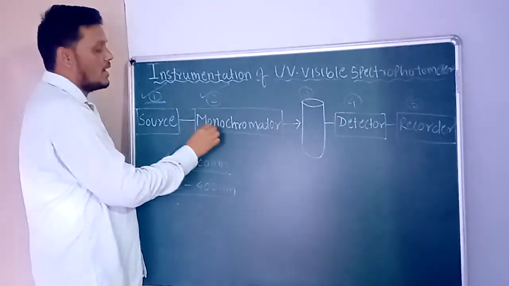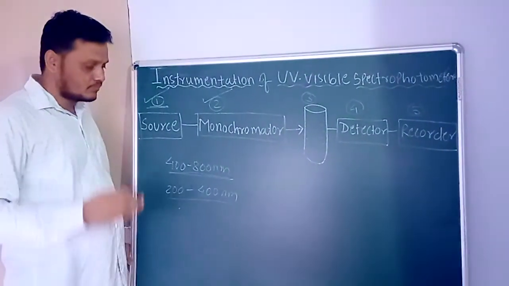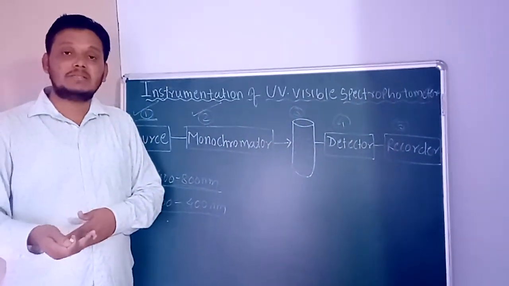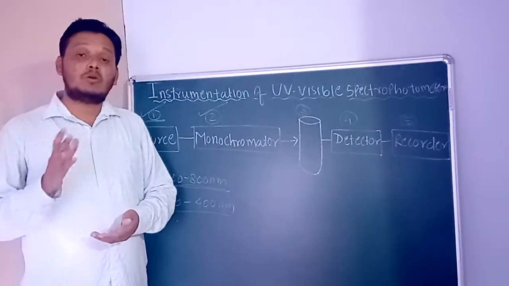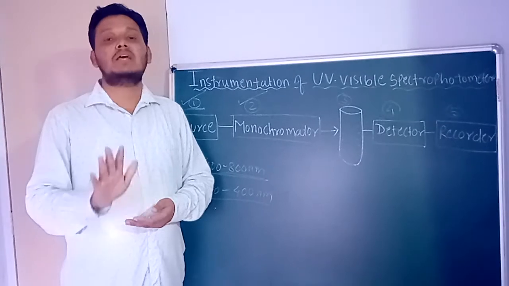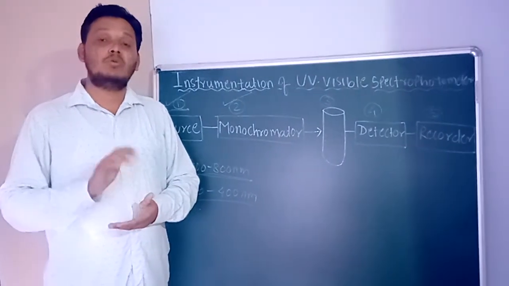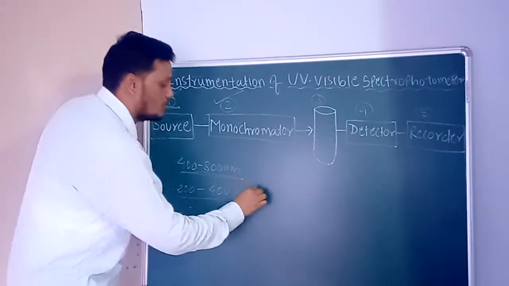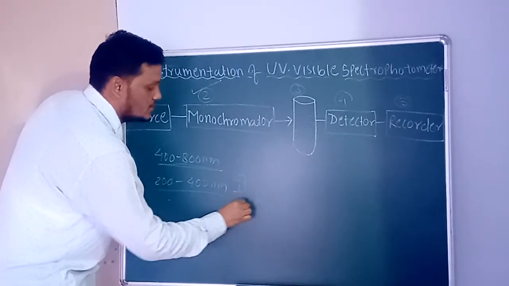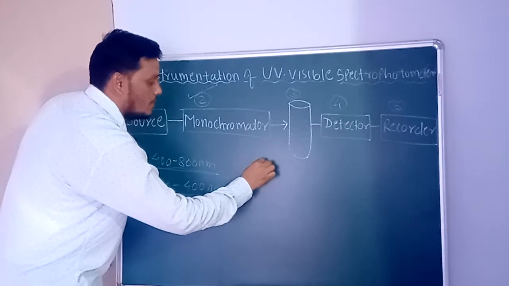Now the second part is monochromator. What is a monochromator? A monochromator is a device that can convert polychromatic radiation into monochromatic radiation. Suppose this is the source of light; then there is the monochromator.